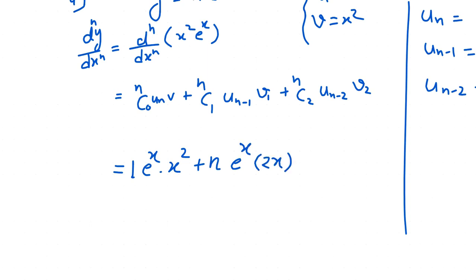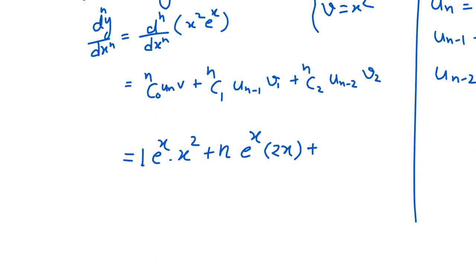And nC2 is n into n minus 1 over factorial 2, or just 2, into u_(n minus 2), which is the same e to the power x, and v2 is 2.